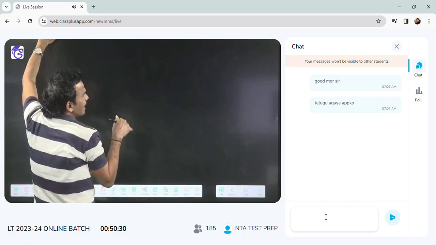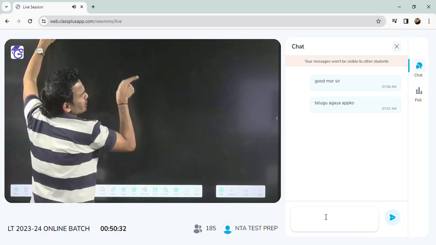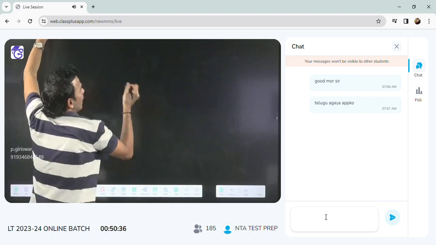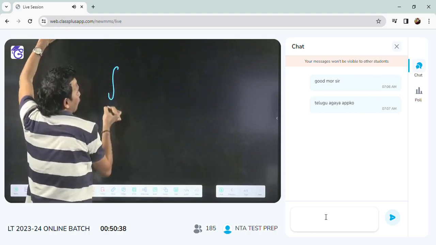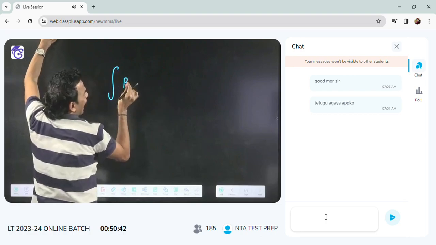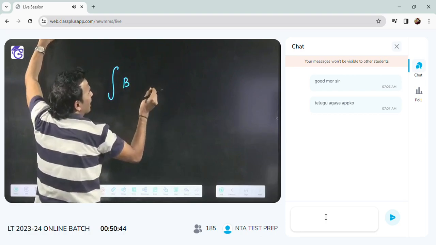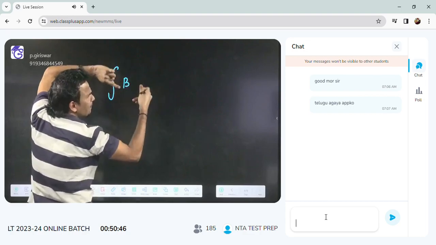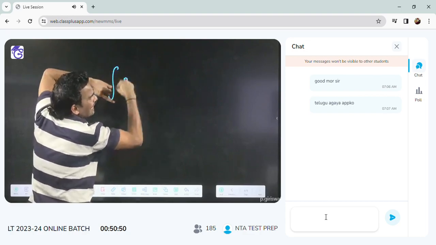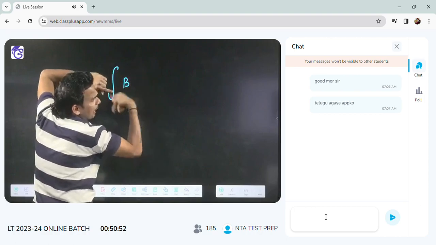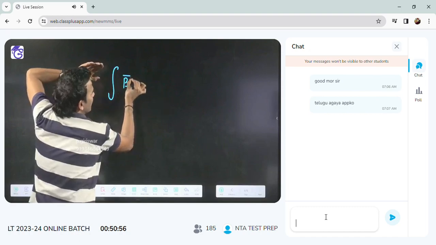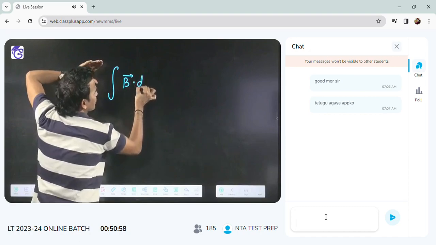Sir, they are saying line integration of magnetic field. Line means length. So if you integrate magnetic field along the length, this is the statement. That's why we say integration of B vector dot dl vector.